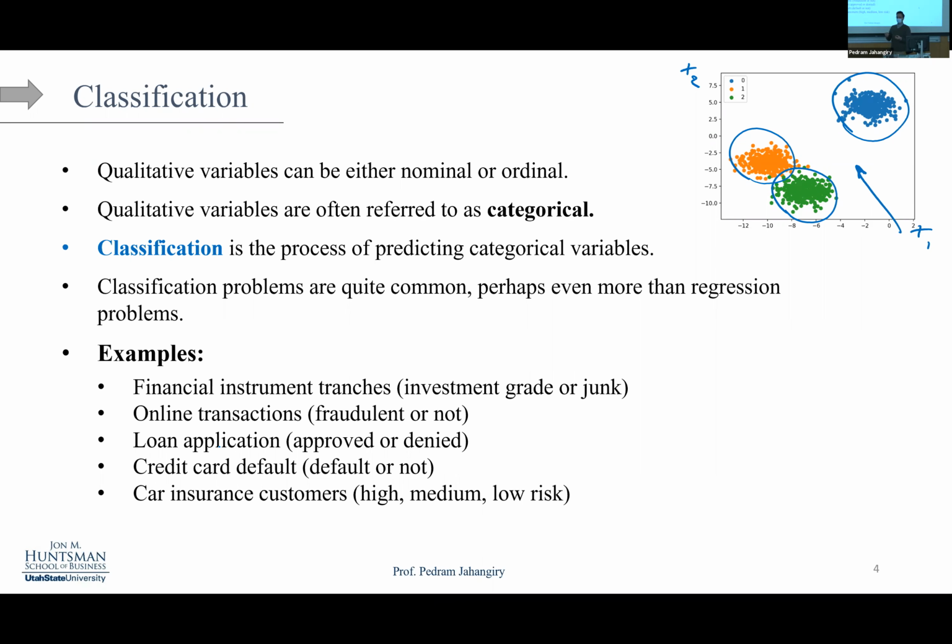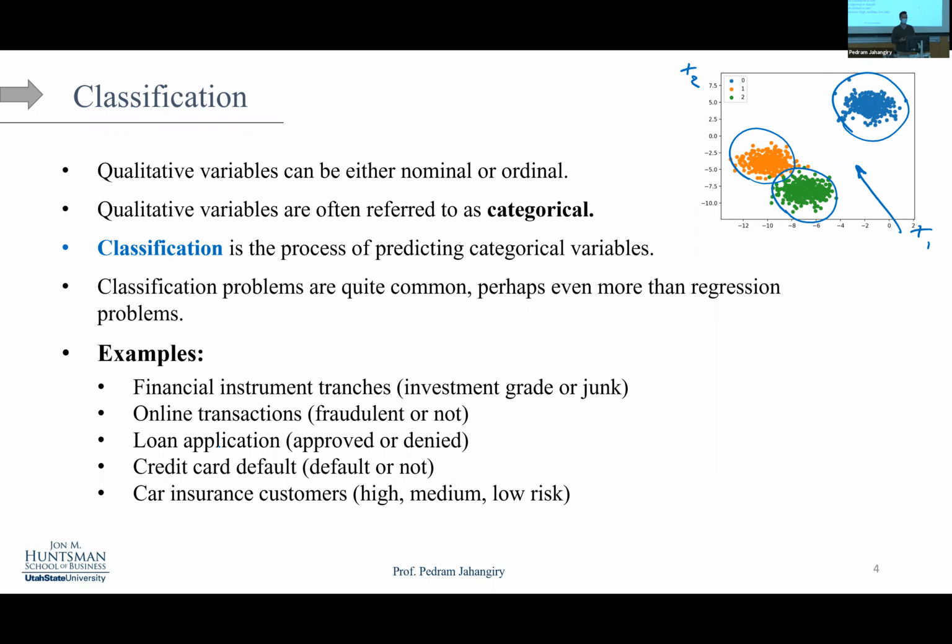You want to use some features to make predictions. You want to say that down the road, there's a certain probability that this bond is going from investment grade to junk bond. If that happens, what will happen to the price of the bond? It will decrease dramatically. What will happen to its yield? The yield is going to increase. If yield increases, the duration of the portfolio changes. If the duration of the portfolio changes, you have to rebalance the portfolio. So you see how these things are really important in finance.